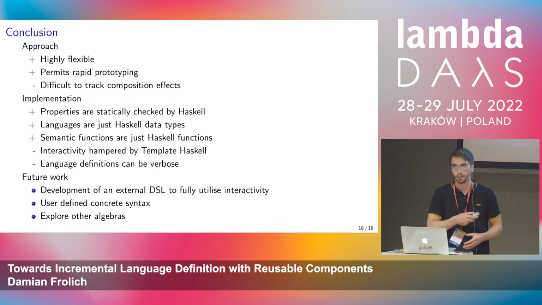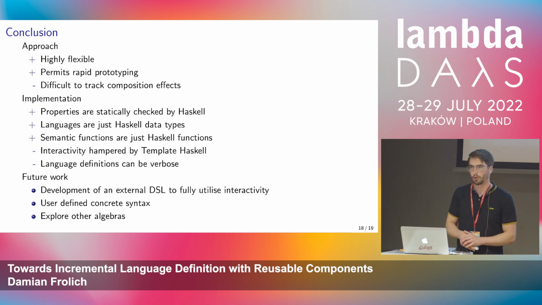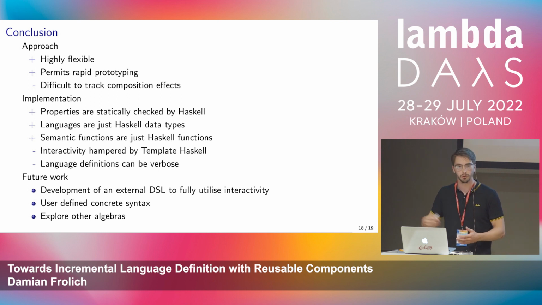I'm currently only talking about abstract syntax and the translation to the semantic domain, but how can we handle concrete syntax? It's also something we will explore, and other algebras. We now have a translation to the semantic domain of Funcons, but maybe there's possible translation to a type system or to scope graphs to add support for the language server protocol, etc. So there's a lot of work to do still.